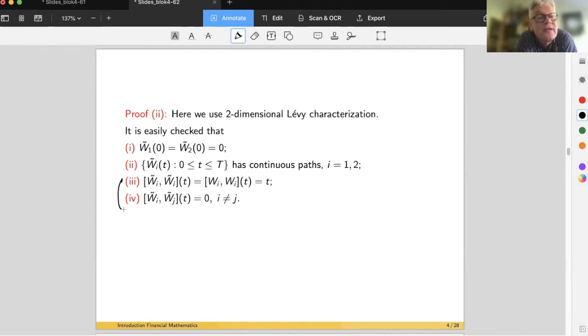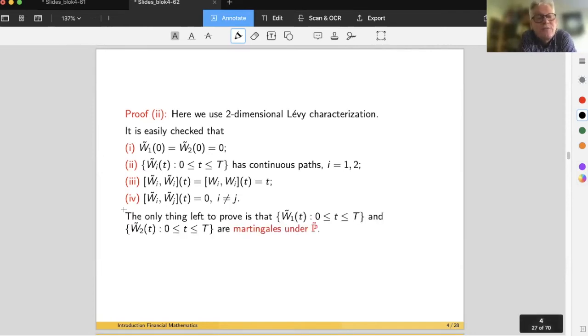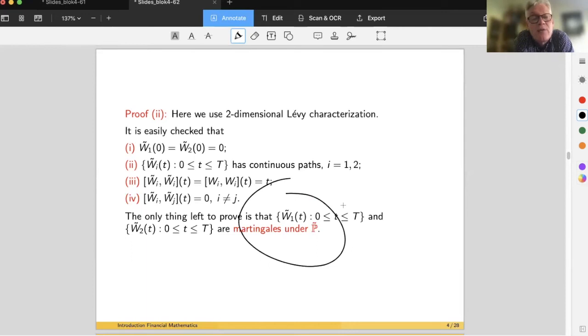So the cross variation of W tilde_i, W tilde_j, for i not equal to j, is equal to 0. And then what remains to prove is that both W tilde_1(t) and W tilde_2(t), for little t between 0 and capital T, are martingales under P tilde. When we have that, then we know that these are Brownian motions. That is the essence of the Lévy characterization.